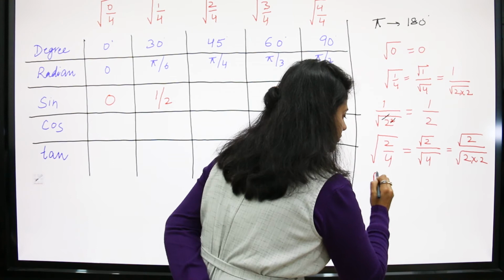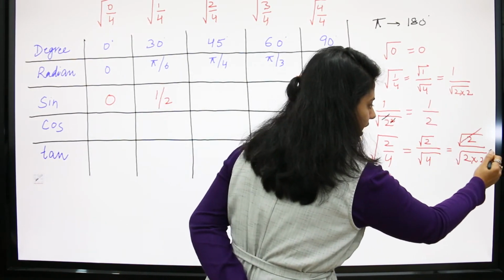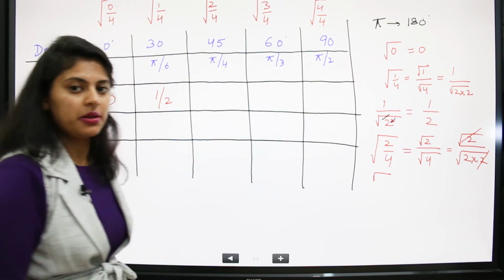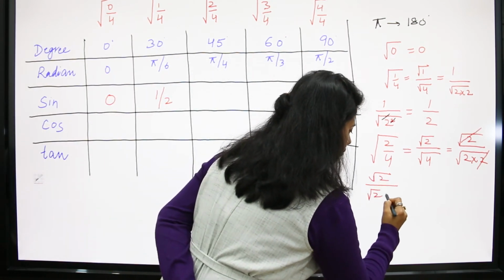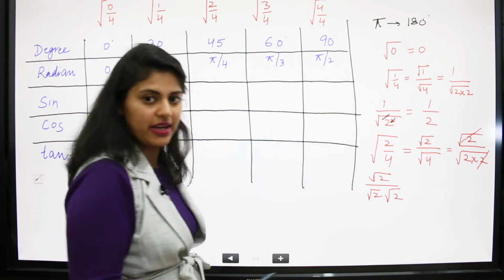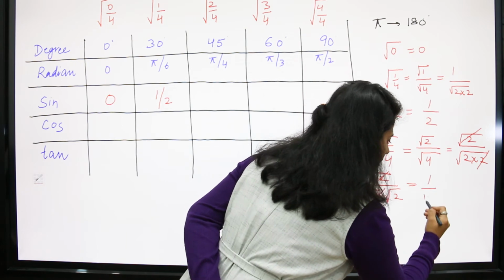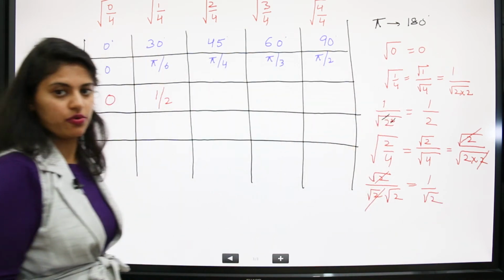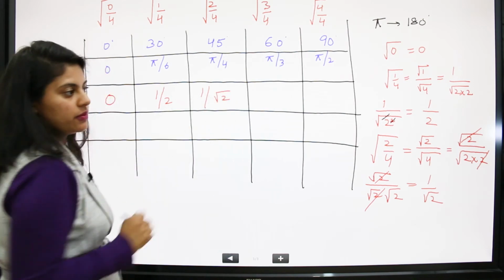Can you take this square root off, because you can write the 2 as square root of 2 times square root of 2 as well. It's one and the same thing. So cancel one off, you are left with 1 over square root of 2. So you can write it here, 1 over under root 2.